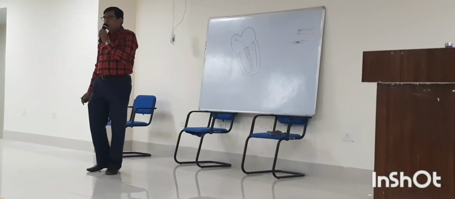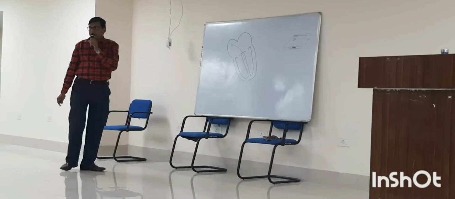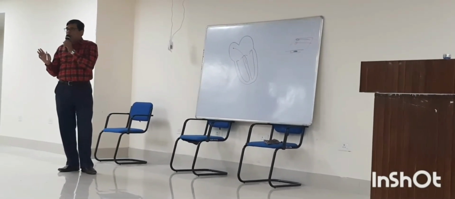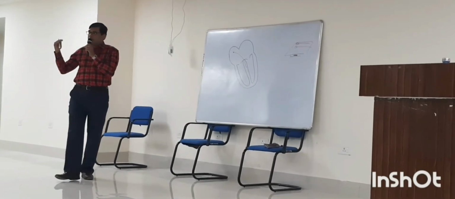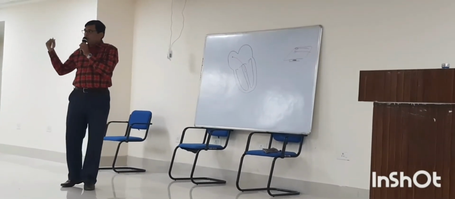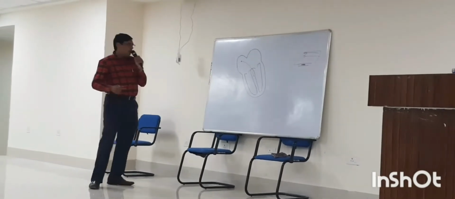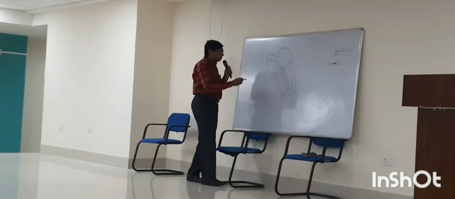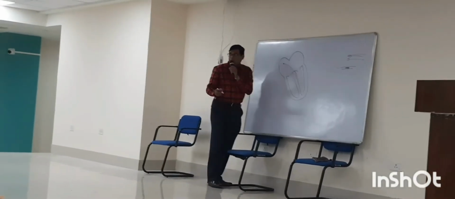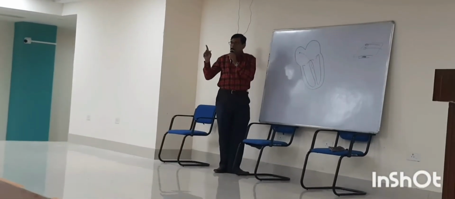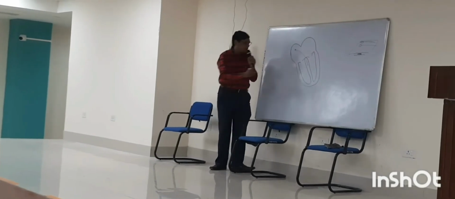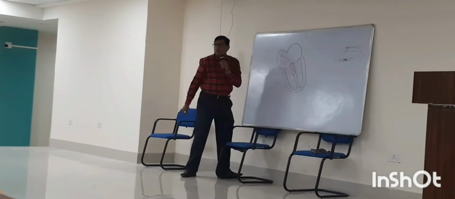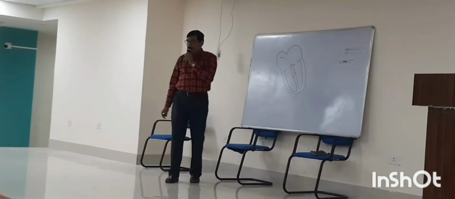I have already told that the left side of the interventricular septum is depolarized first. Then the depolarization wave passes from left to right. This is called the septal vector, and its direction is from left to right. This is the first ventricular vector.